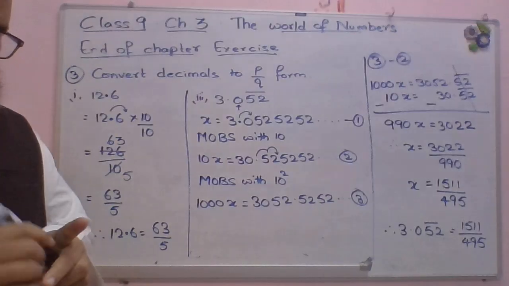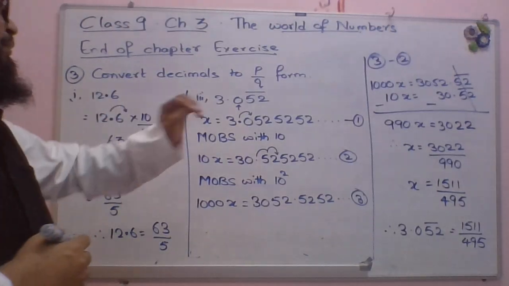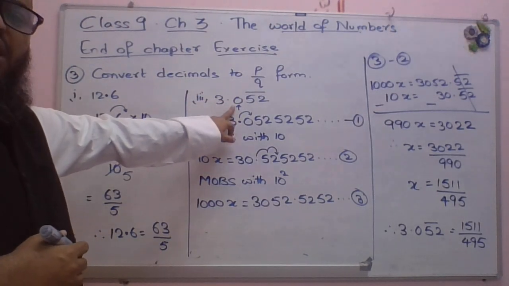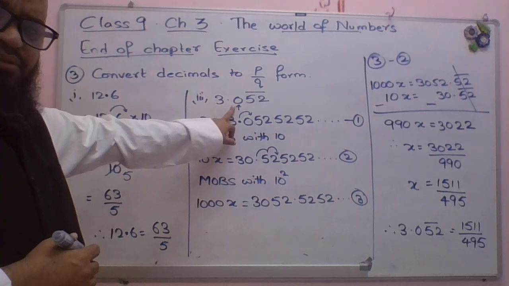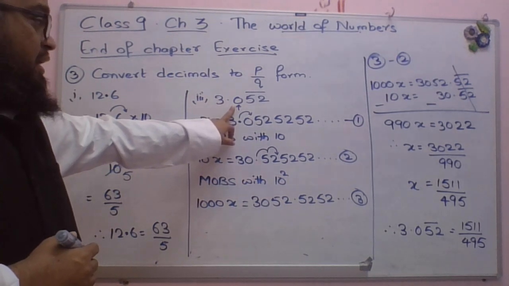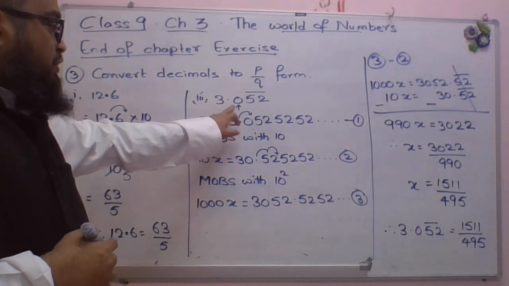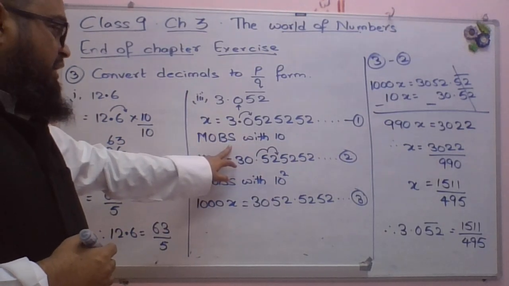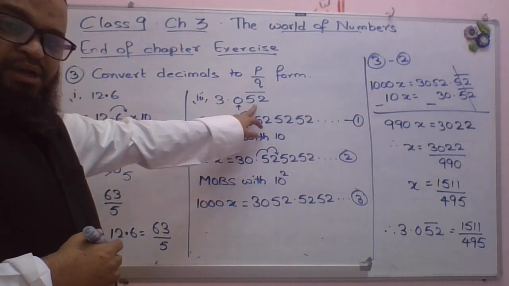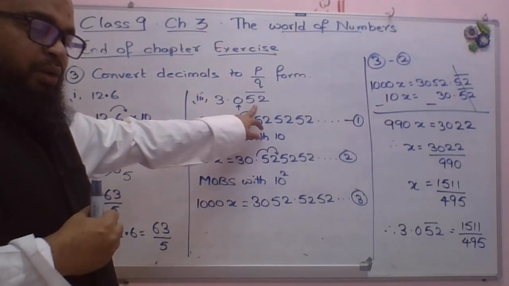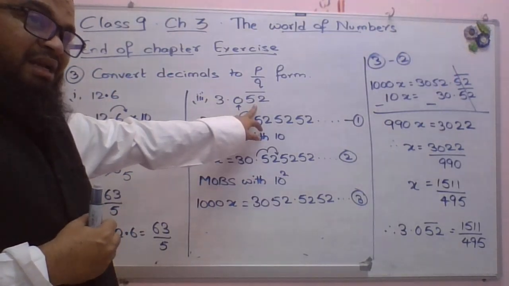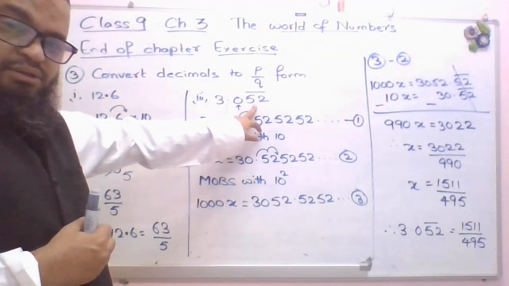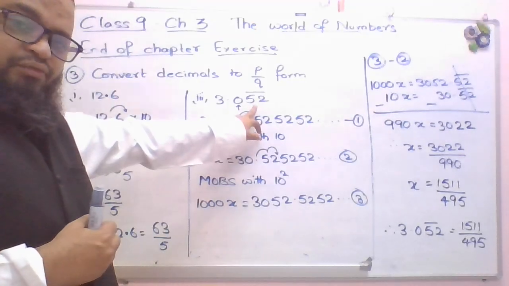I hope you understood it. It's very simple. First check how many non-recurring decimals and how many recurring decimals there are. Multiply with the power of 10, 10 to the power of 1, and after that multiply the same equation with 10 to the power of the number of repeating decimals.